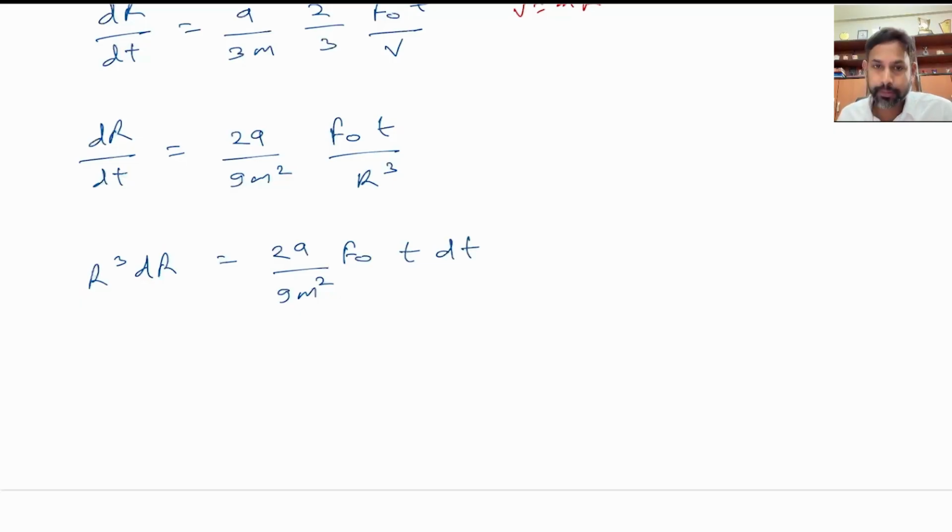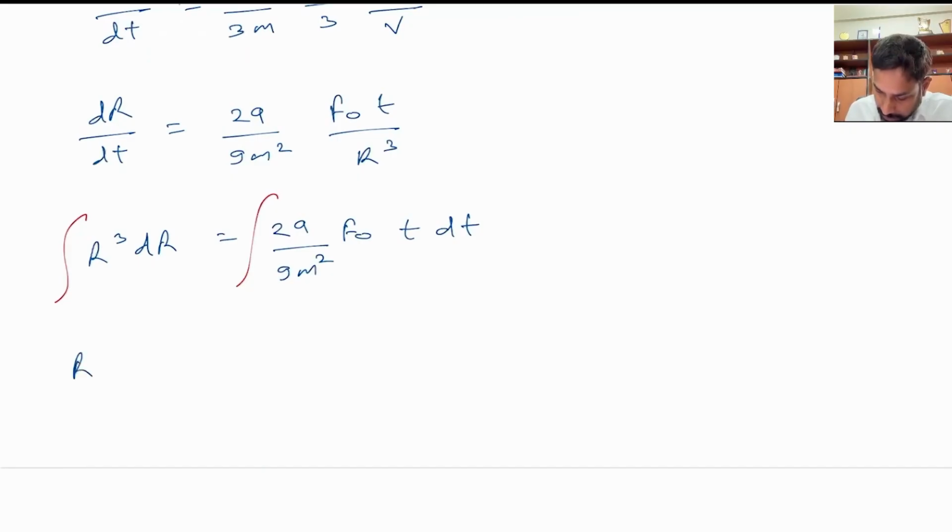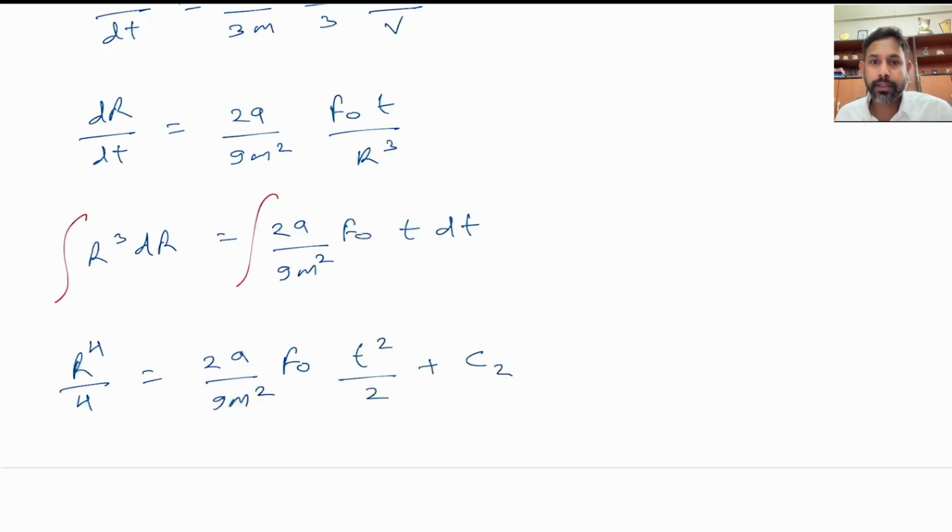And here, except r and t, everything else is a constant, and that is why we can simply integrate it, and that will give us r to the power 4 over 4 is equal to 2a over 9m square f naught t square over 2 plus, let's say, a constant c2.